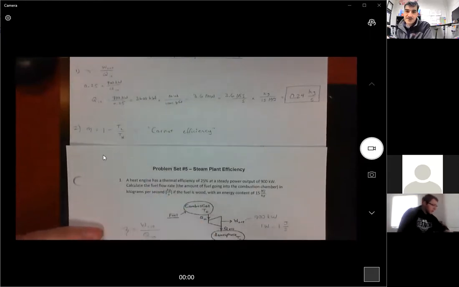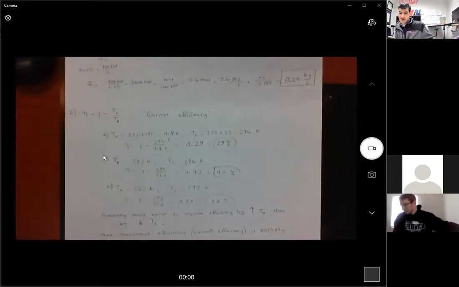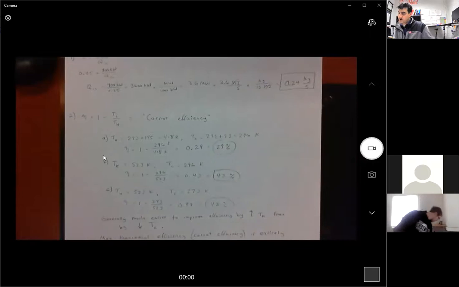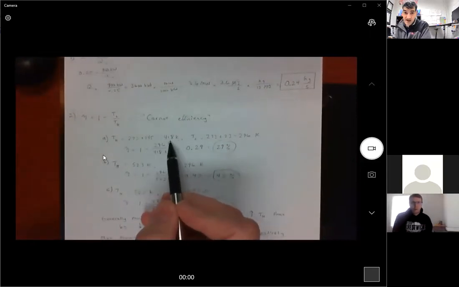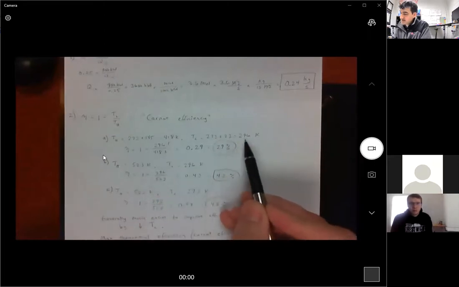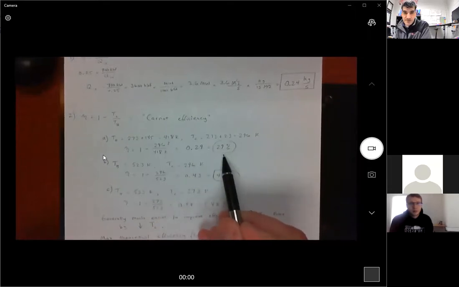Either way, it means the same thing. So we just need to convert all of our temperatures into Kelvin. So in part A, we convert 145 degrees Celsius to Kelvin, and we convert 23 degrees Celsius to Kelvin, and then we plug in the numbers in Kelvin, and we get 0.29 or 29% for part A.